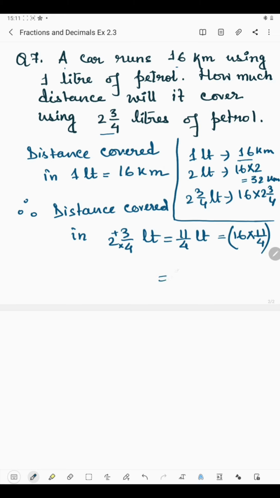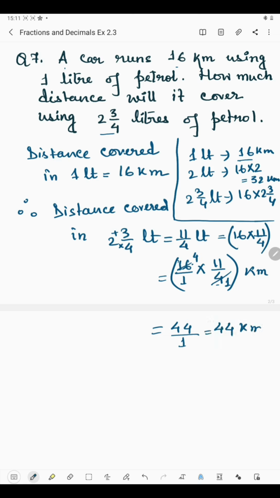Now 16 can be written as 16 by 1 multiplied by 11 by 4. Now both, see, 4 and 16 come in 4's table, so 4 1's are 4, 4 4's are 16. This is kilometer. So 4 11's are 44, and in the denominator we have 1, so 44 by 1 is 44 kilometer.